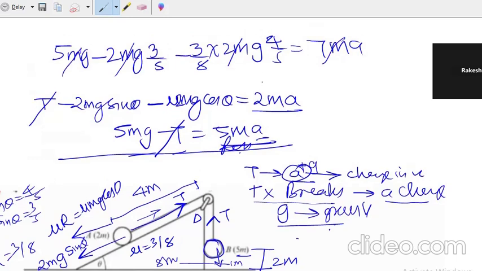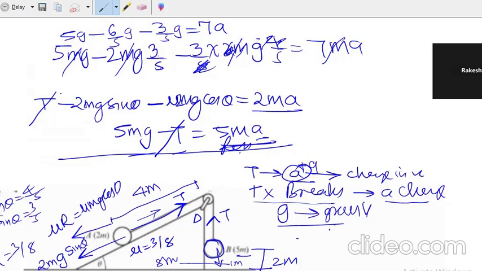And you will get, this is going to be 2 into 4, this cancels. So this goes away, this goes away. m stays. So we got 5g minus 6 by 5 g minus 3 by 5 g is equal to 7a.